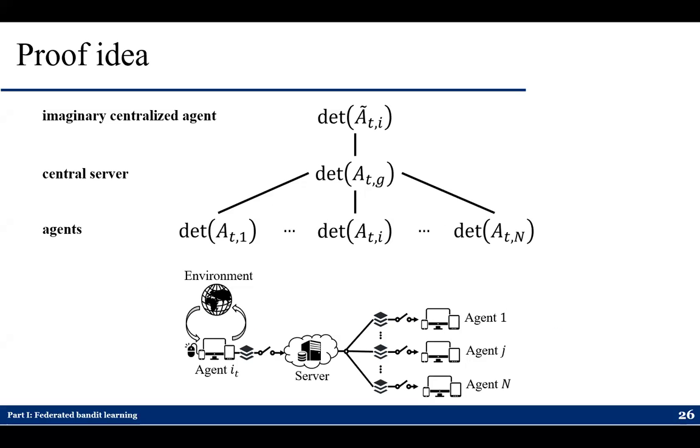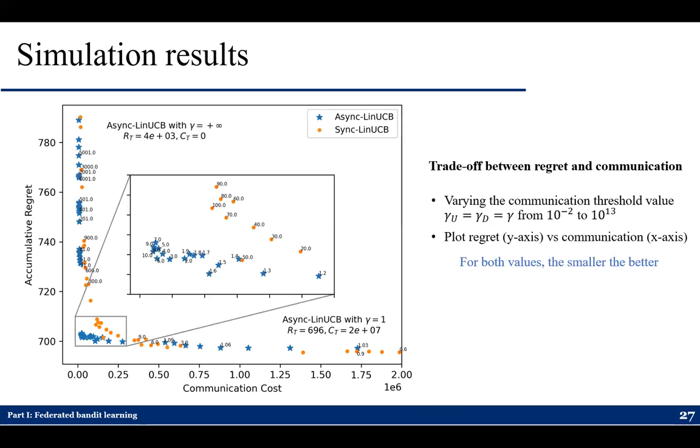Okay, and then here's a simple simulation result illustrating what our algorithm can do. By changing the threshold, which controls how much communication we need, we get these blue dots corresponding to our algorithm. The x-axis is the communication cost, the y-axis is the regret.